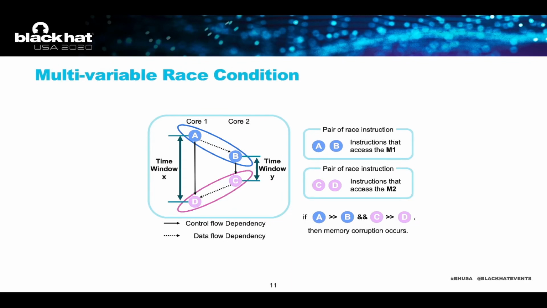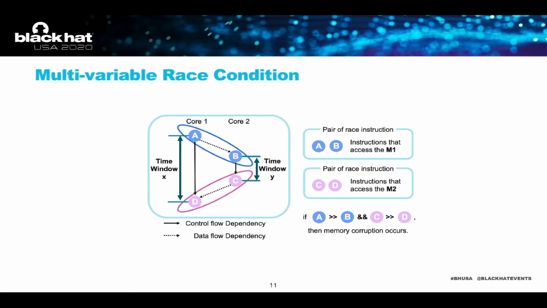For example, the figure shows two race instruction pairs, between instruction A and B and instruction C and D, while the instruction A and B access memory 1 and the instruction C and D access memory 2. In this type, the memory corruption occurs when the instruction B and C are executed after the instruction A and before the instruction D.